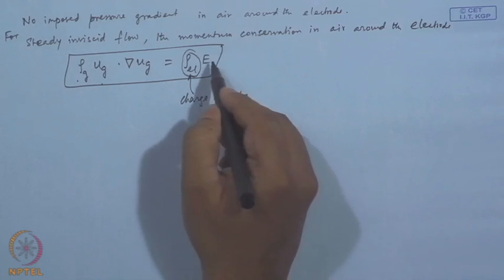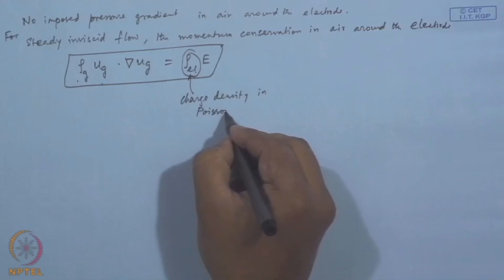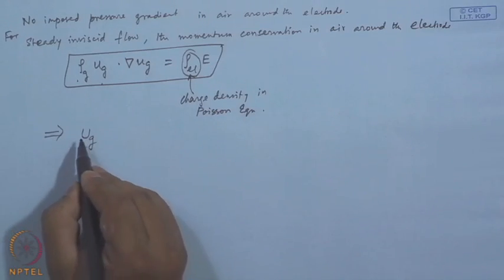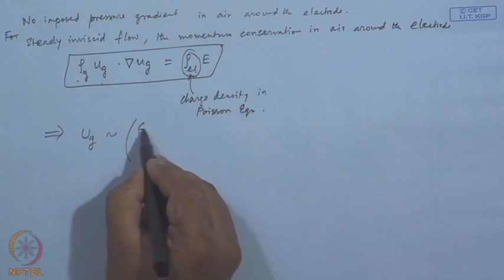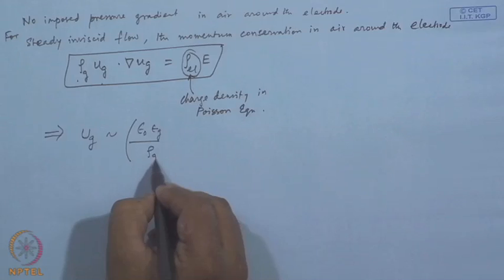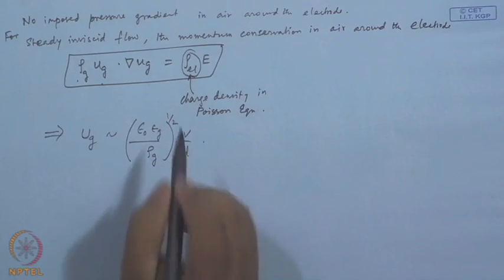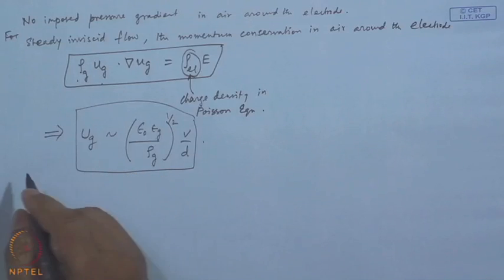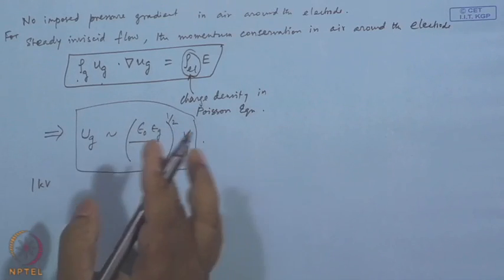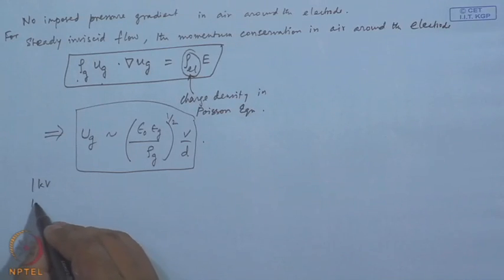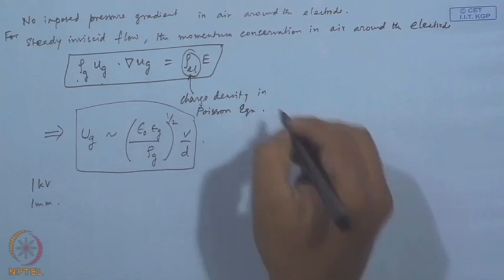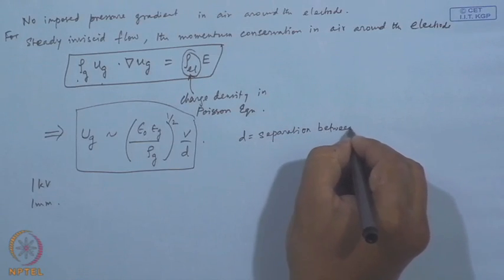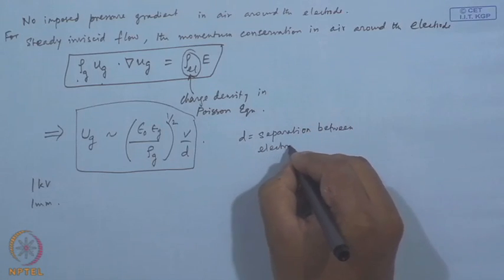Now, this has been shown that the order of this UG is something like the order of this gas phase velocity, and if one uses 1 kilovolt as we have done for this electrospray, and one uses say 1 millimeter, where D is the separation between electrode and liquid interface.